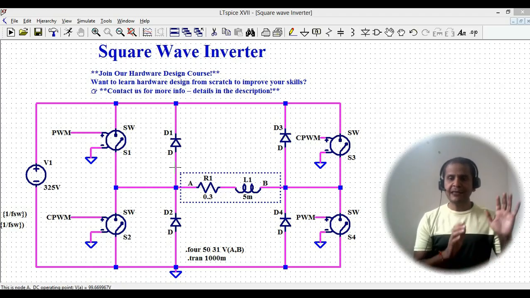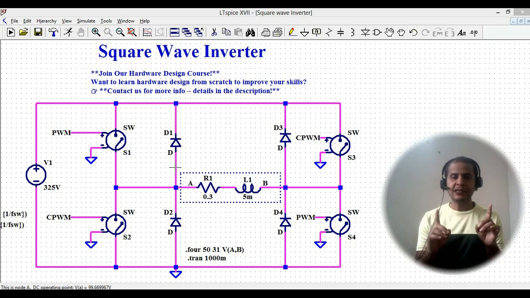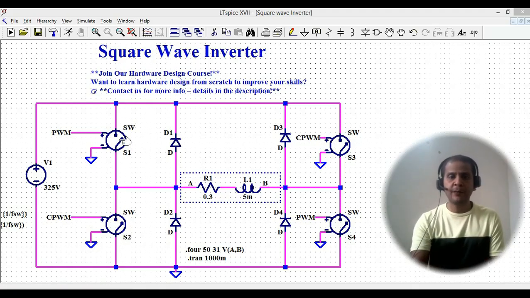Okay, if I say the saturation region, what do you mean by saturation region? It means it is going to be completely off and completely on. So that is what is meant by the saturation of your switch. So we have the 4 switches, and if you look now at the anti-parallel diodes, in all the four switches I'm using an anti-parallel diode.